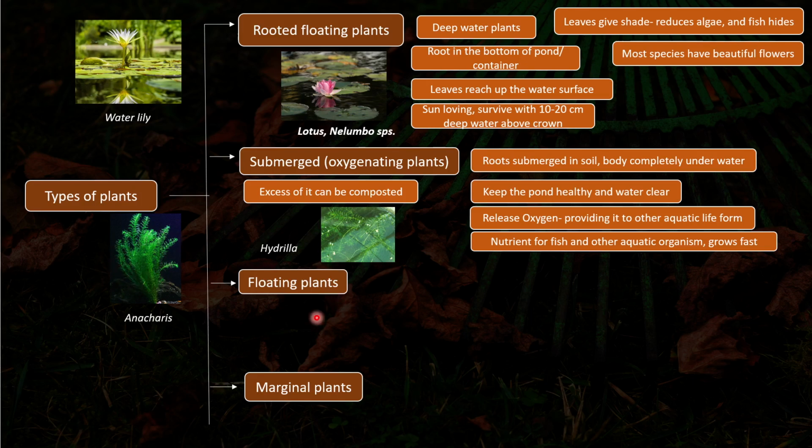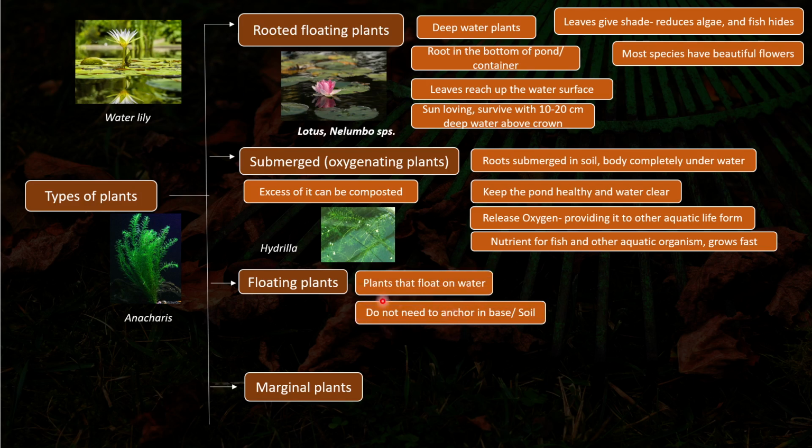Now the third type of plants are the floating plants. These are the plants that float on water, so they do not need to anchor in base or soil, so their roots actually do not remain anchored in the soil. These plants remove excess nutrients, right? Whatever excess nutrients is there, they will utilize it and remove the excess nutrients, and this will reduce algal growth.